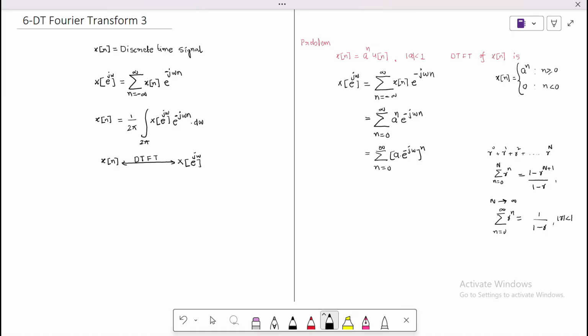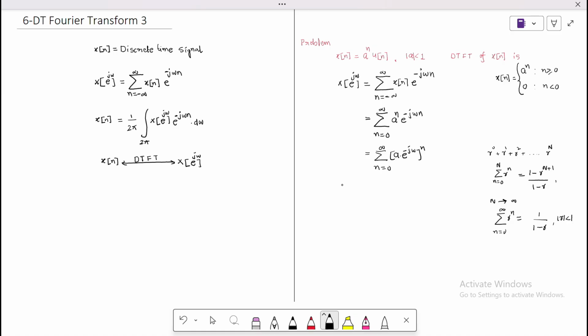So this is here also the same. See, the upper limit goes to infinity. So this is r, and already we know that this is mod a, the mod of a is less than 1. So the mod of a less than 1, this mod goes to 1, so automatically it is less than 1. Why? Because here we have taken mod of a less than 1.